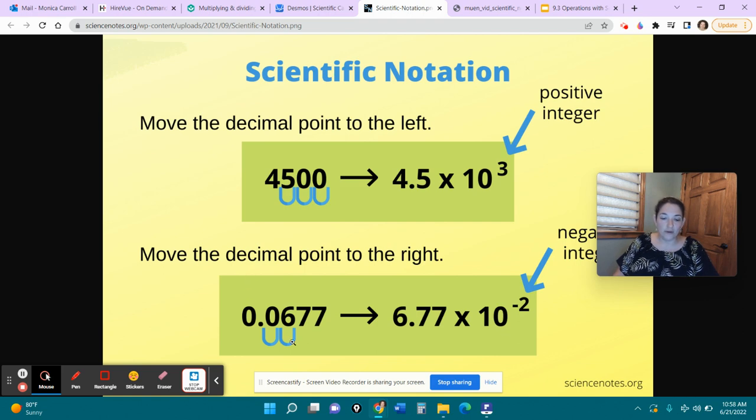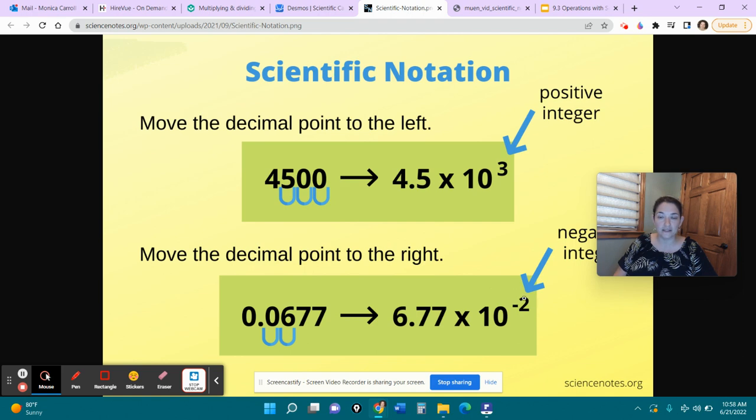Okay, now let's take a look at the one on the bottom. We have a 0.0677, and written in scientific notation, it's like this. So let's go ahead and go with Zavon. Zavon, how many times did we move the decimal point? Look, how many loops are there on this one? That's right, two.